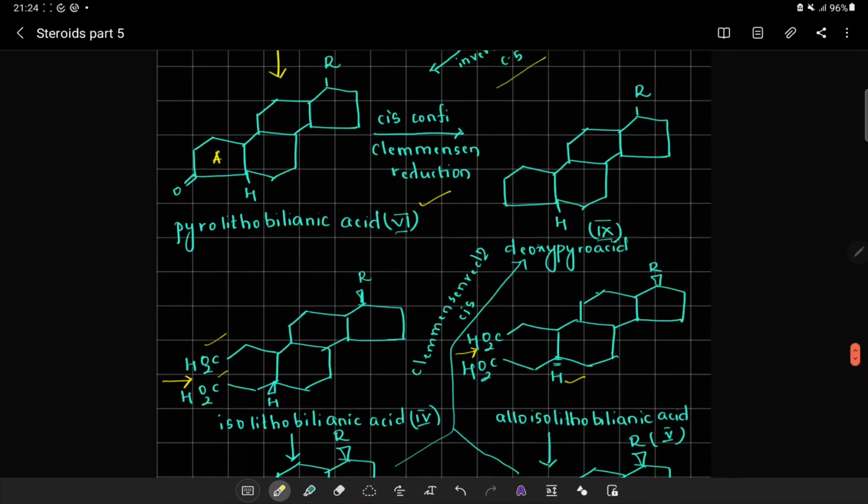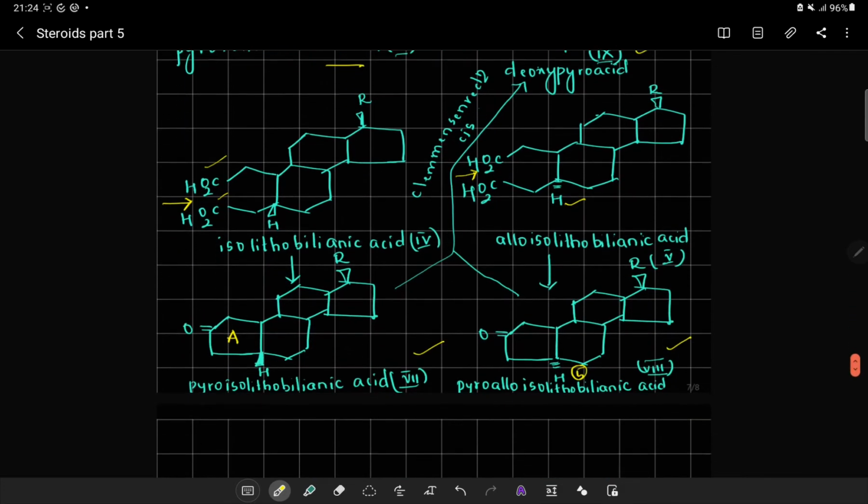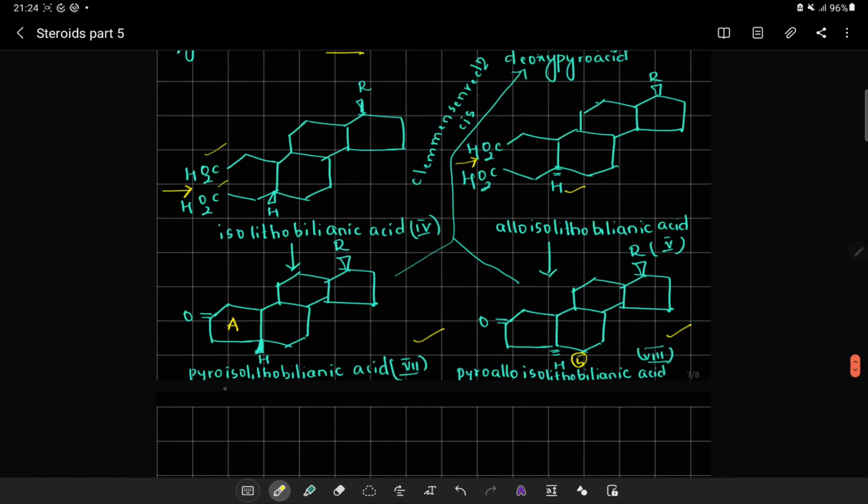Once we looked at the pyrolithobilianic acid system, because of the Clemmensen reduction, this will also tell me that there is a cis configuration. After undergoing a Clemmensen reduction, the carbonyl carbon will be reduced to give us compound number 9, which is called deoxypyroacid. In these two cases also, pyroisolithobilianic acid and pyroalloisolithobilianic acid, there is a carbonyl carbon.